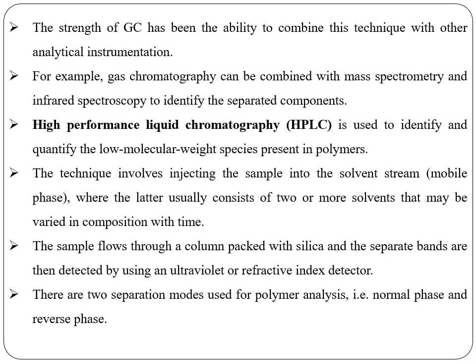The sample flows through the column packed with silica, and separate bands are then detected by using an ultraviolet or refractive index detector. There are two separation modes used for polymer analysis, that is normal phase and reverse phase.